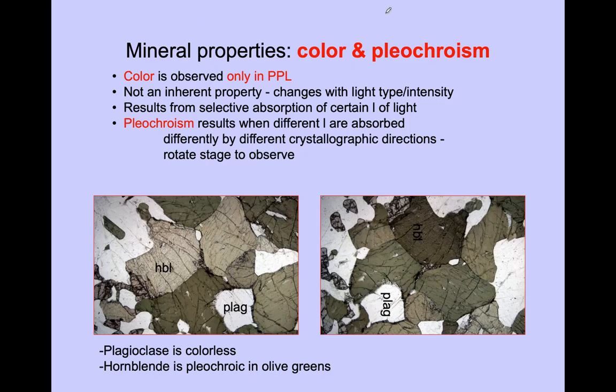We will see some basic mineral properties. The first two basic properties are color and pleochroism. The color is the natural color that we want to see. We can see the natural color only in PPL, that means without inserting the upper polarizer.